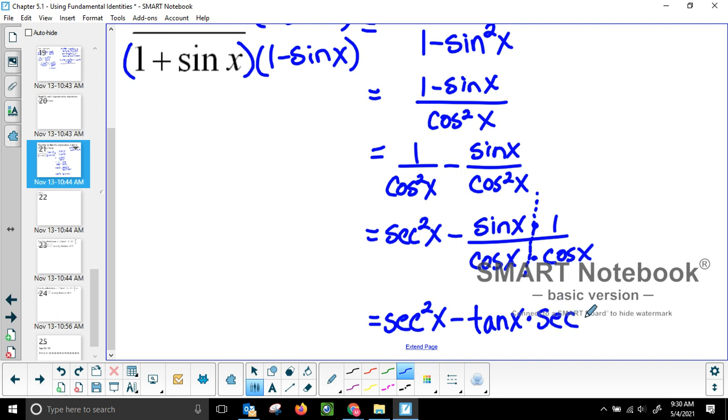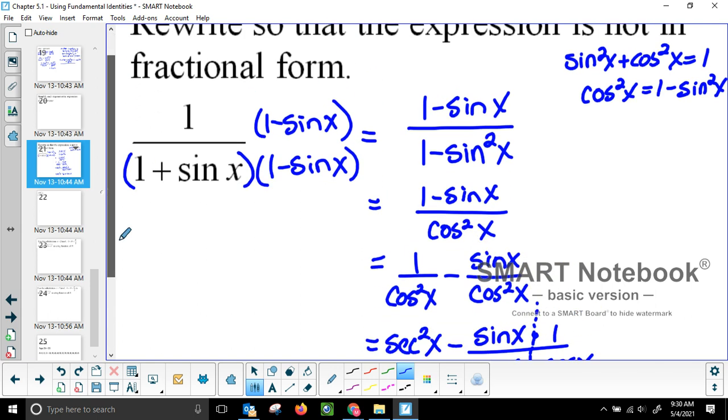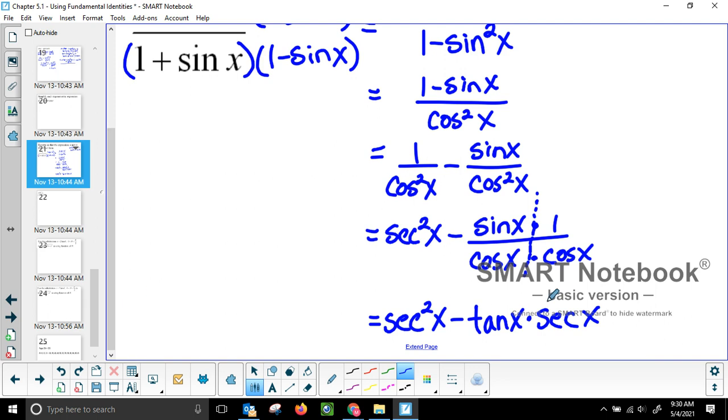Do I have a fraction anymore? No, right? And all this thing said is rewrite it so that it doesn't have a fraction. That's good enough. As soon as you get to where there are no fractions, you're done. So that had a lot going on. You had to know a couple of little tricks and things to use.